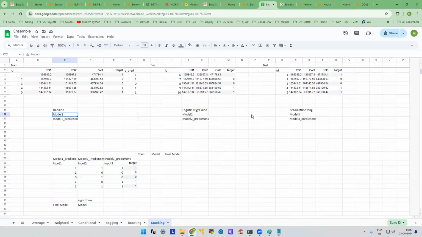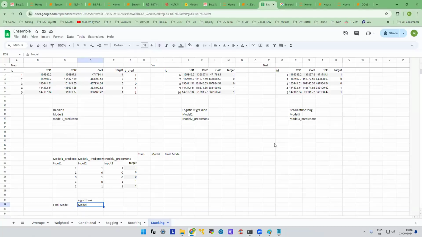After feeding this data to this model, obviously it's going to come with its own predictions. The same way for model 2 and model 3, the same data. This is the data that we got. Target as usual, the original one. And the final model is going to be whatever algorithm that we apply, we're going to have its own model. That will be the final model.